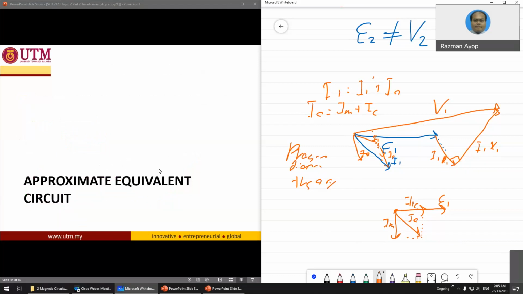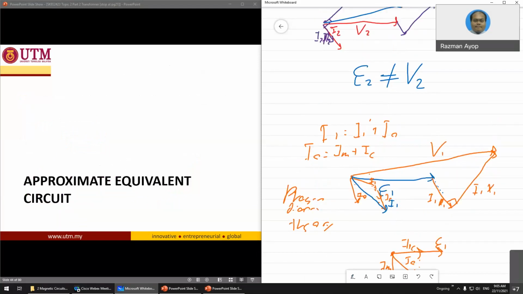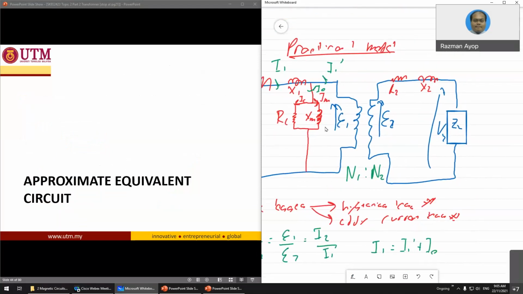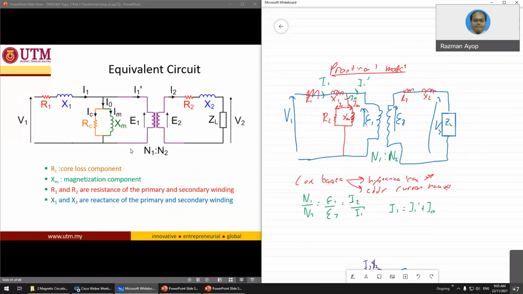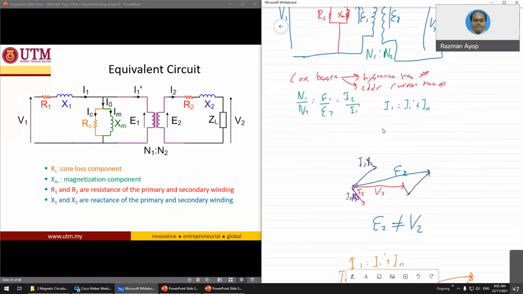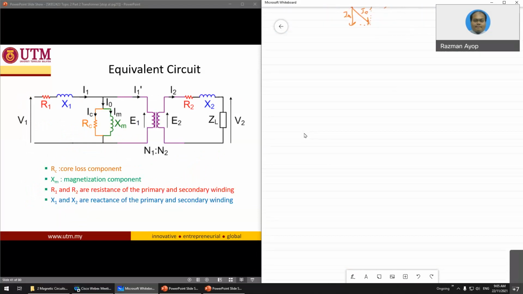And then you have the approximate equivalent circuit. You already have the practical circuit here, which looks something like this. But this one is very hard to calculate and analyze, because there is a series circuit in the middle.